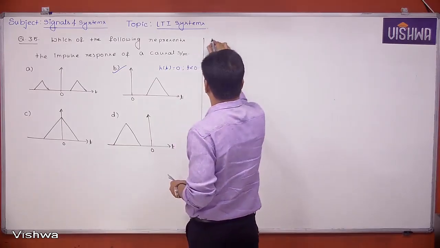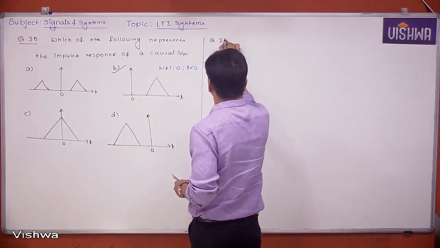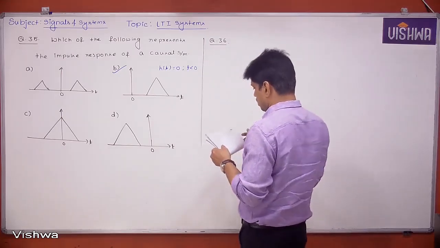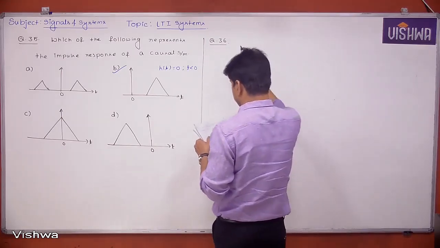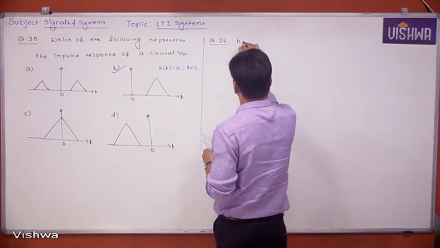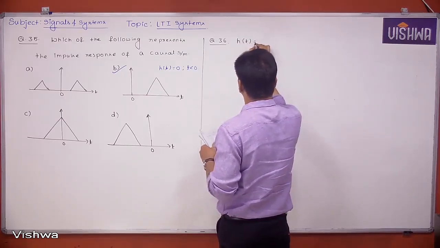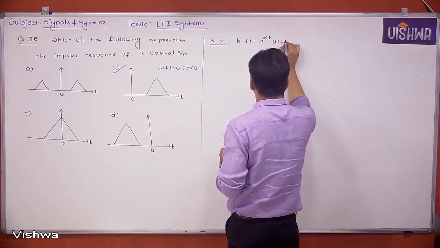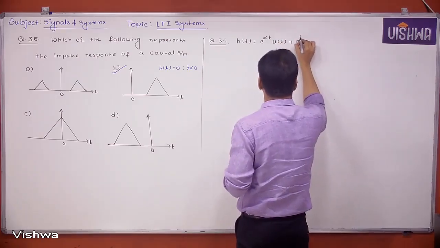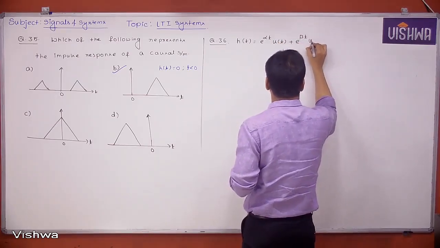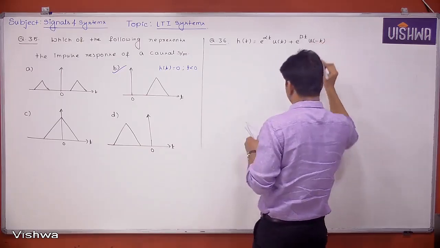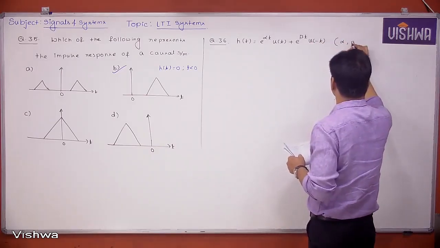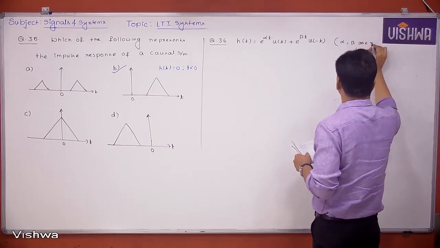Next, question number 36. H of t is equal to e power alpha t u of t plus e power beta t u of minus t, where alpha and beta are real.